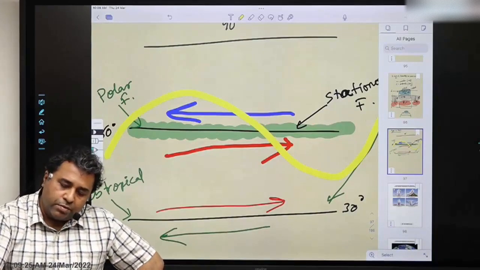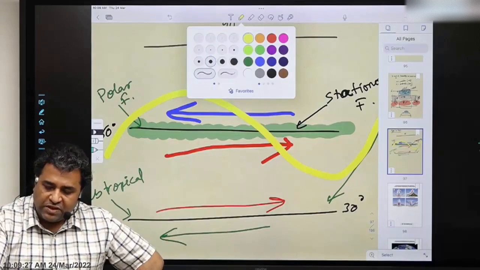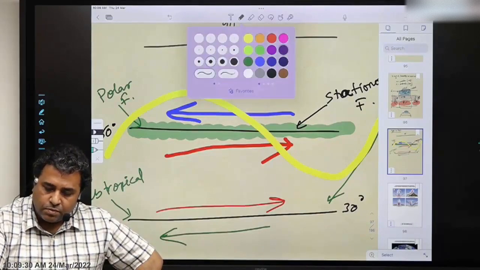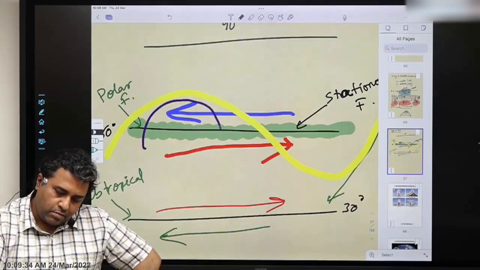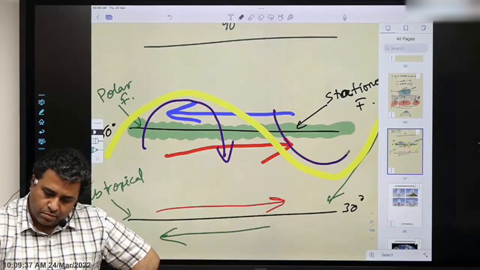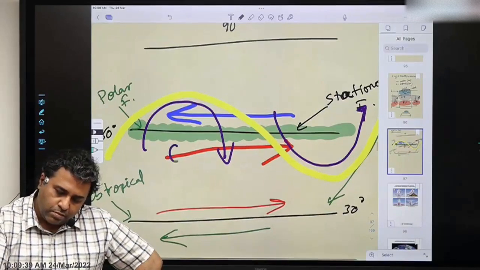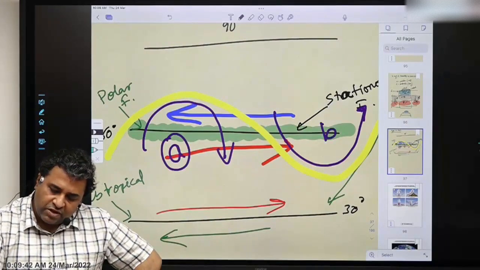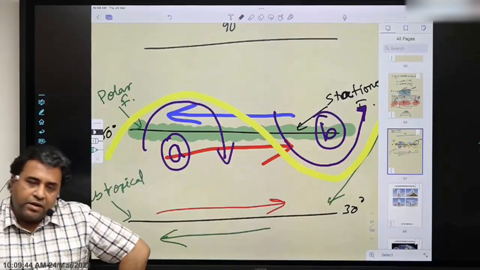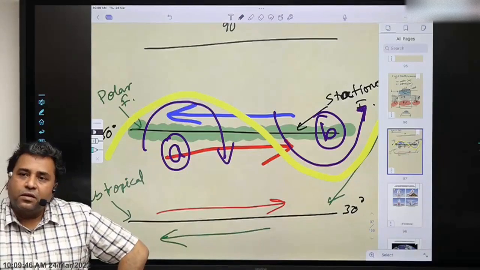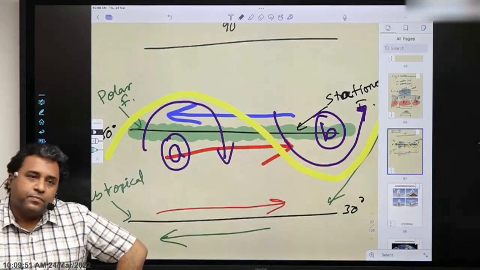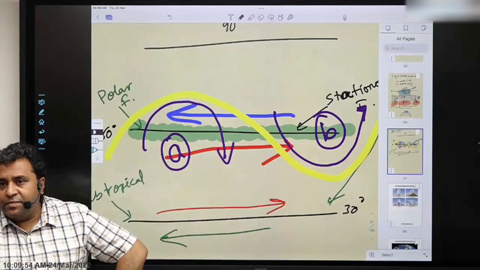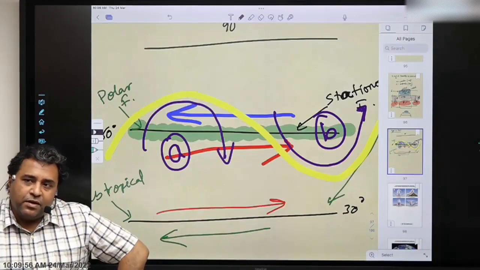So if I ask you, in which case is the jet stream moving clockwise and in which case is it moving anti-clockwise? A is moving clockwise. Everyone agrees? Because now you have to tell me the outcome.